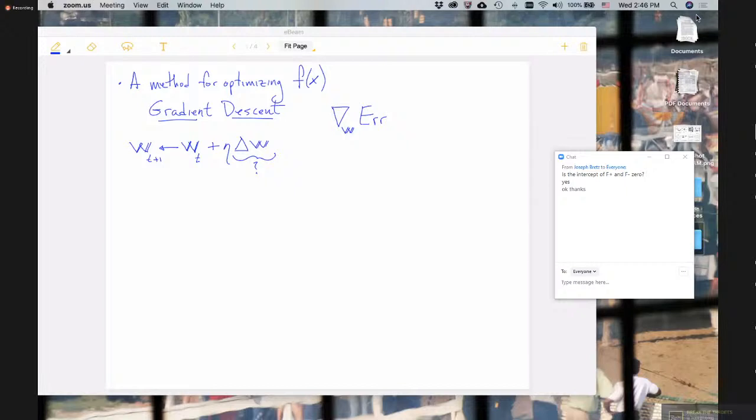And for those of you who have not had Calc 3, basically that gradient is a vector that consists of the individual derivatives of the error with respect to each of the individual weights.